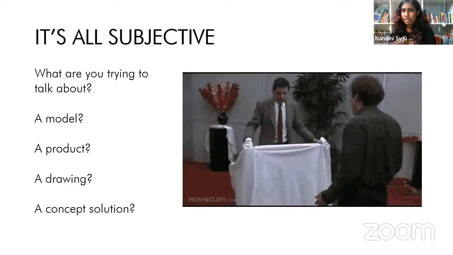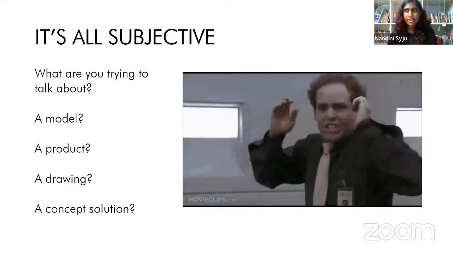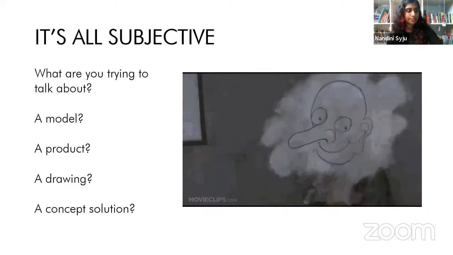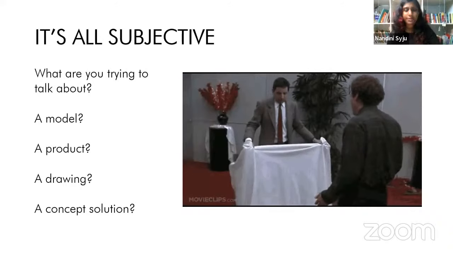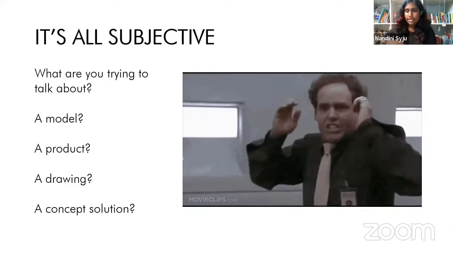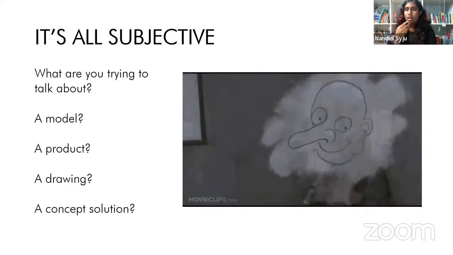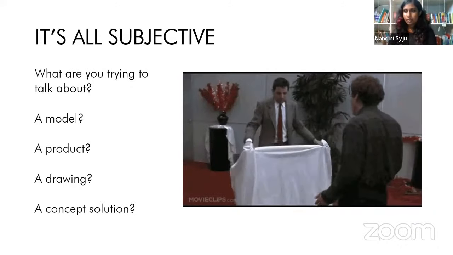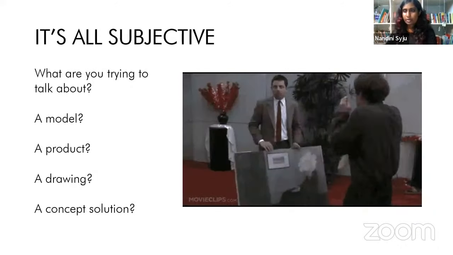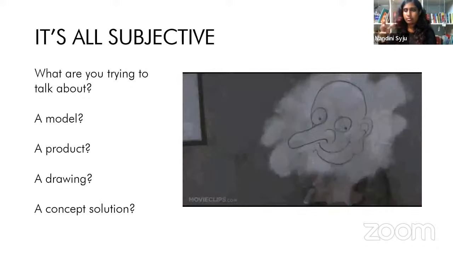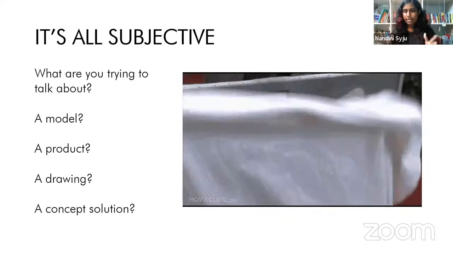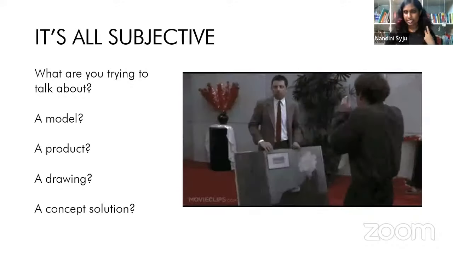Like for me personally, in my exam I had to create a trophy for a sailors competition where they won. I created a ship by itself, and I stitched the sails and everything.